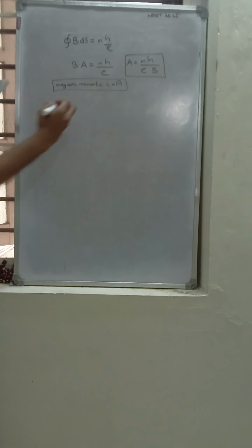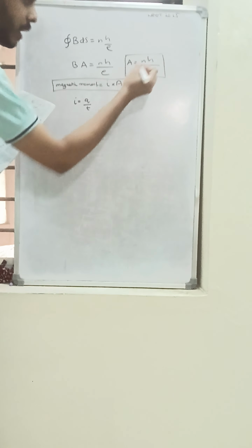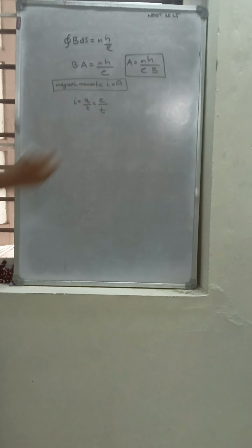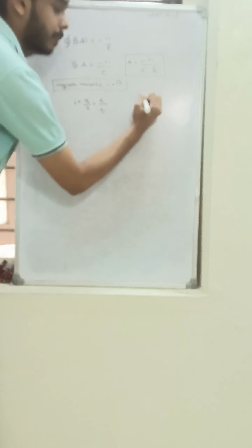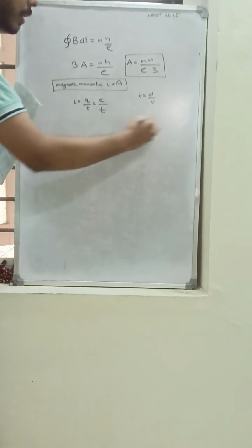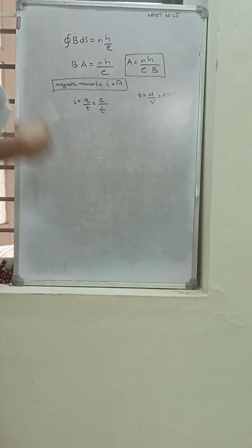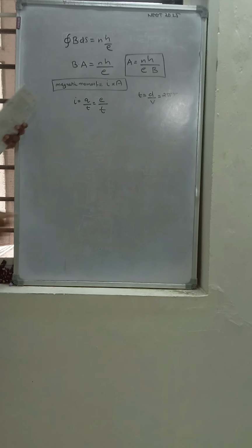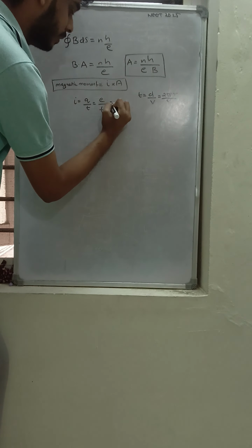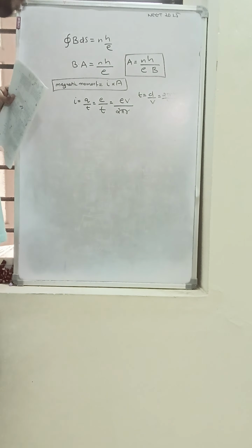So we know that current equals Q by T. Here Q, for an electron, will be e by T. Time we can find as time equals distance by velocity. And distance, since it is revolving, is 2 pi r, the total circumference of the orbit, divided by v, the velocity. So we are going to substitute here e by 2 pi r by v.